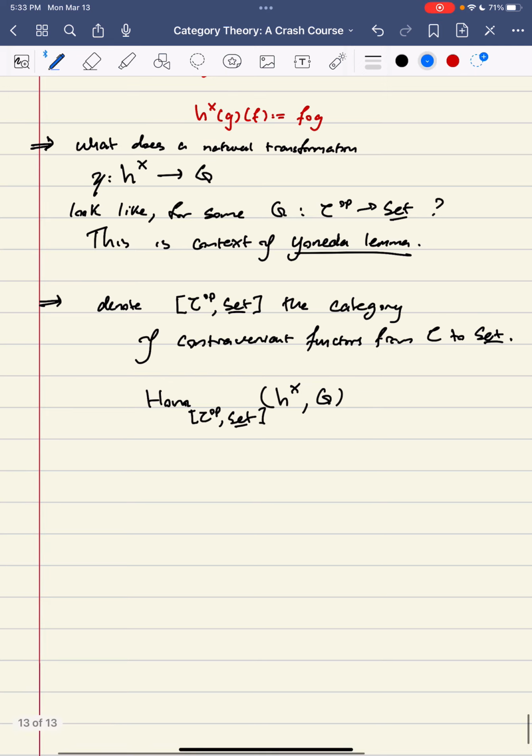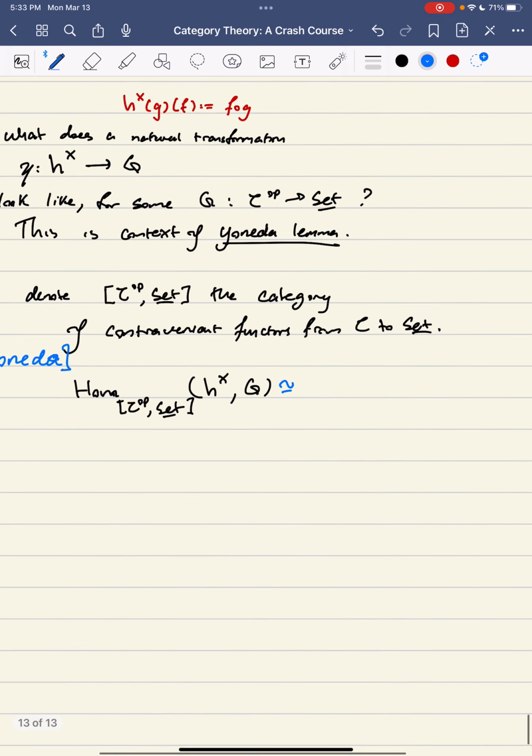So the Yoneda lemma is that this thing is isomorphic, or in bijection with, as sets, g of x.